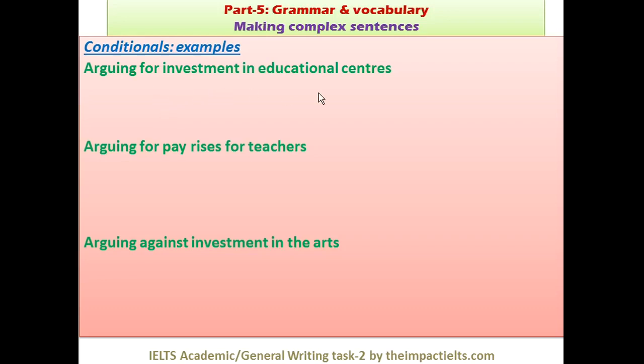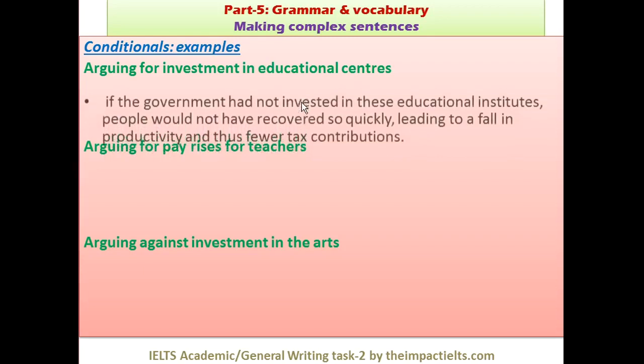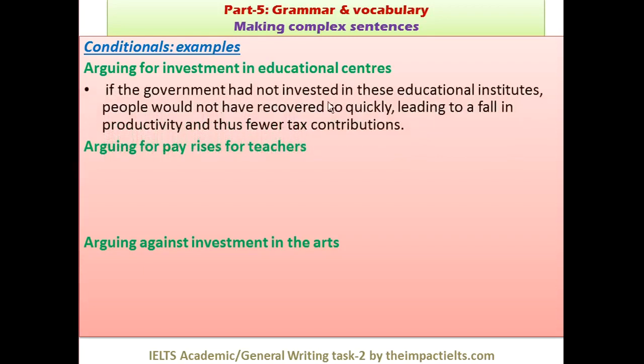Suppose the topic is saying whether the government should make primary investment in the educational sector or somewhere else. So let's see how to use conditional sentences in that. If the government had not invested in these educational institutes, you can clearly understand that I'm talking about a past imaginary situation.